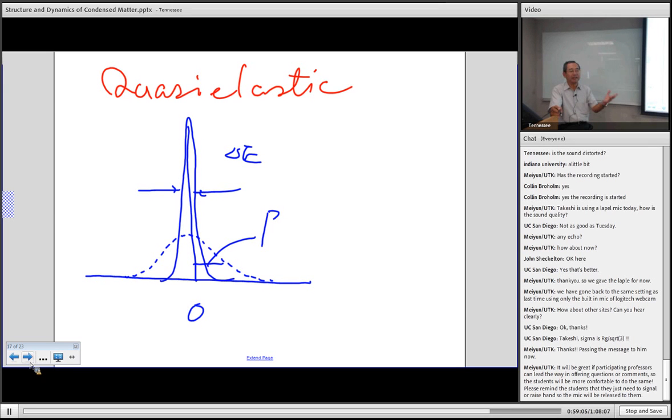inelastic and elastic. So quasi-elastic is, of course, inelastic, strictly speaking, right? But it is inelastic scattering from a sort of slow, low-frequency, diffusive mode.